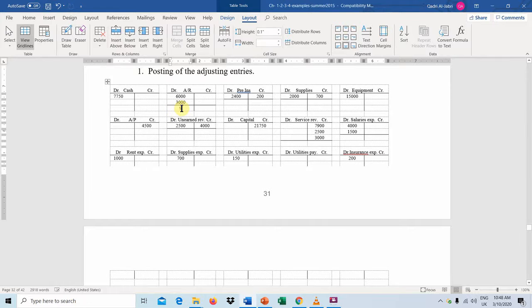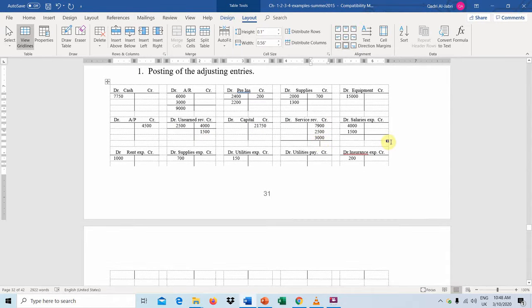So the balance for this one will be 9,000. The balance for this one will be 2,400 minus 200, which is 2,200. The balance for this one, 2,000 minus 700, will be 1,300. This one is already a balance. This one, 4,000 minus 2,500, we will have a balance of 1,500. This one is a balance.